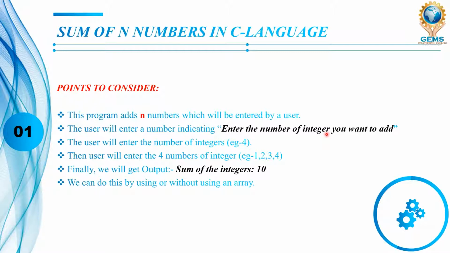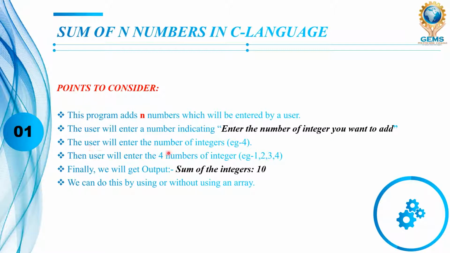Then the user will enter how many numbers they are going to add here. So the second point says that they are going to take the number of integers which we are going to add here.